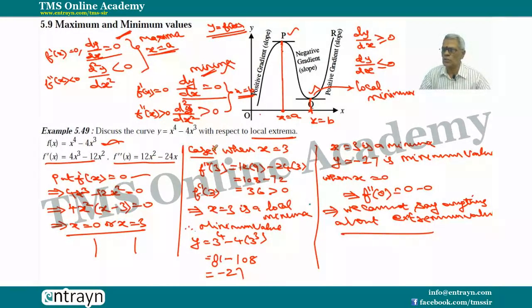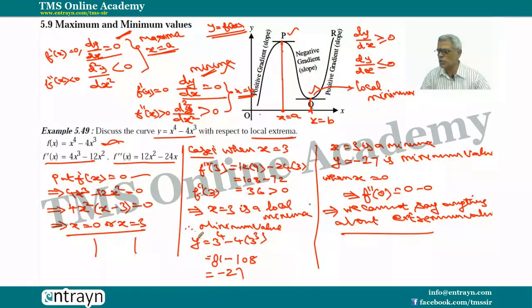When x is equal to 3, my f double dashed of x is positive. Therefore x is equal to 3 is a local minima. For finding local minimum value, we have to put x is equal to 3 in the given function. Clear, sir? And if f double dashed of x is negative, then x will be a local maxima.